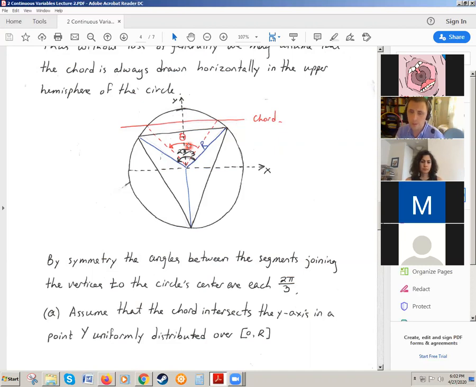Do you find that surprising or not surprising at all? You see, it's supposedly a paradox because I generated 2 random events, 2 uniformly distributed random events, but one interpretation gives you probability equal to 1/2. The other interpretation gives you probability equal to 2/3.